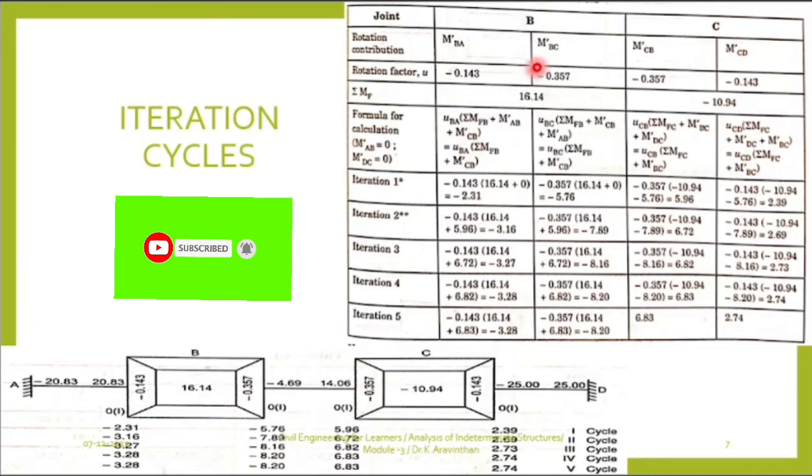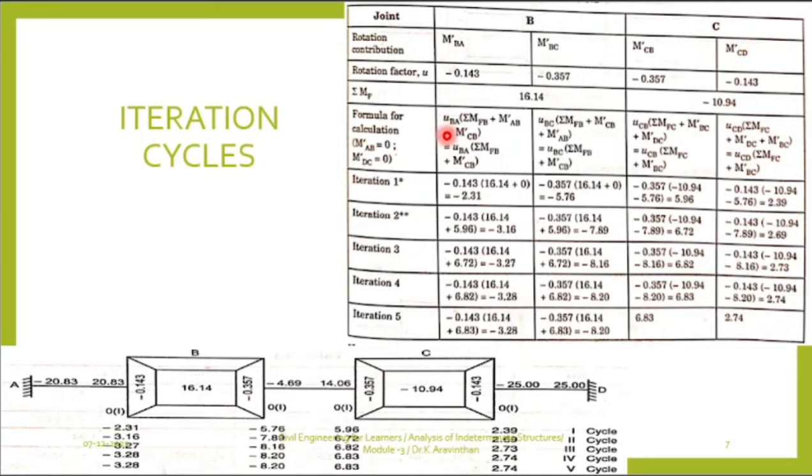So you can see here M dash BC, M dash BA is there, and M dash CB. You can see here, if you want to find MBA, you have to add M dash CB. So this is the general formula, and you have to start with iteration 1. So how to proceed with iteration 1: what is your rotation contribution?